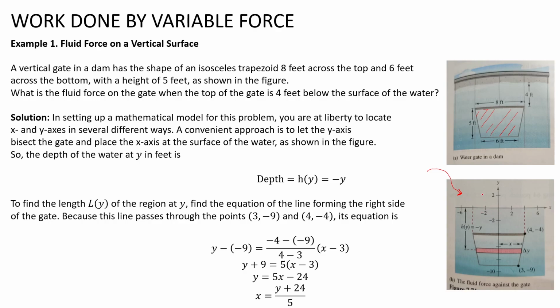The depth of your H of y is going to the horizontal strip. It's negative y because coming from the x-axis, that's 0. Going towards the vertical strip, that is negative y distance. That's why your depth is equal to negative y.